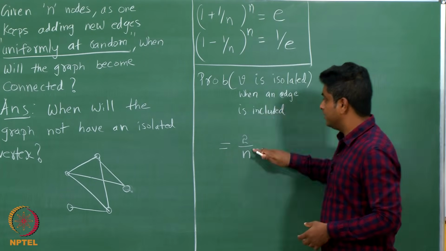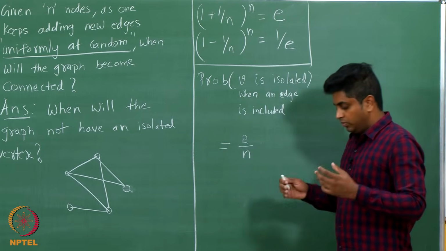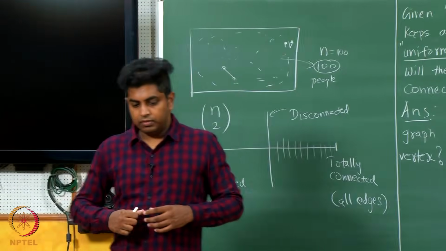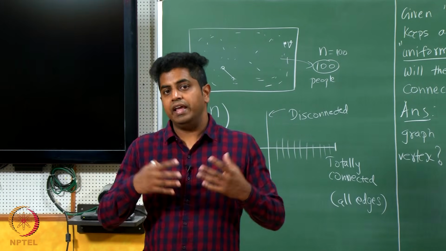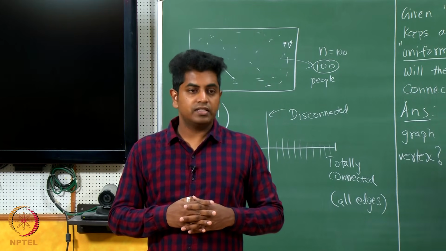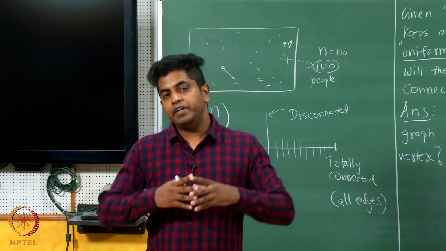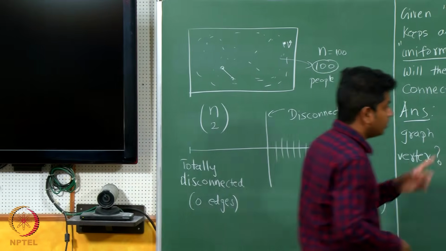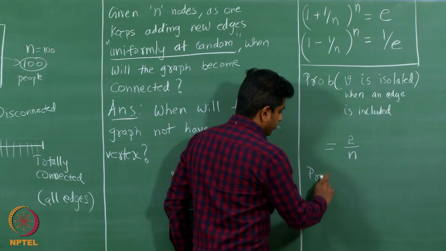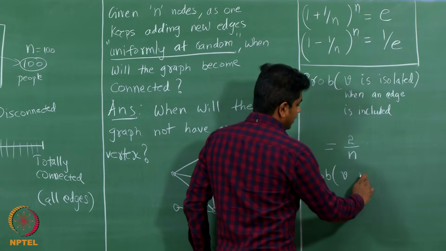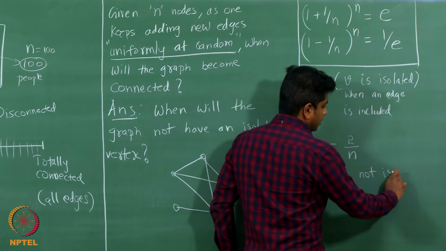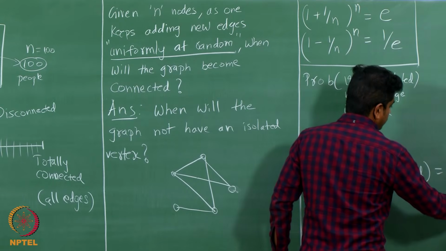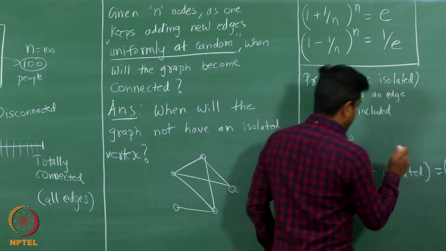As I keep doing this, the probability of having rain today, if it is let us say 1 by 4, the probability of it not raining today is 3 by 4, correct. So let me say the probability of V not being isolated is 1 minus 2 by n when you put one edge.